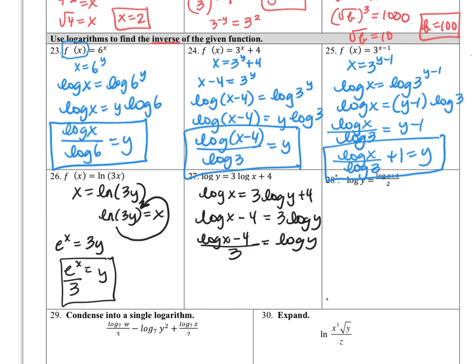And to get y by itself, remember this is base 10, so I should write it as 10 to the, oh wow, this is going to be yuck, log x minus 4 divided by 3 power is equal to y. And that's it. That looks terrible, but normally I write that on the other side and do my loop-de-loop, you know, like I did on that one, but I'm just running out of room.